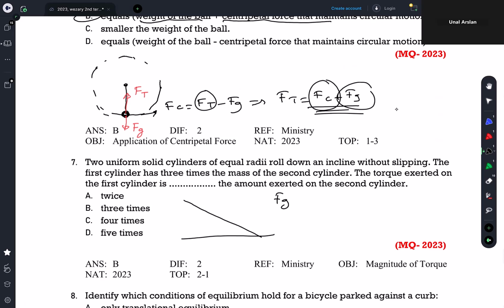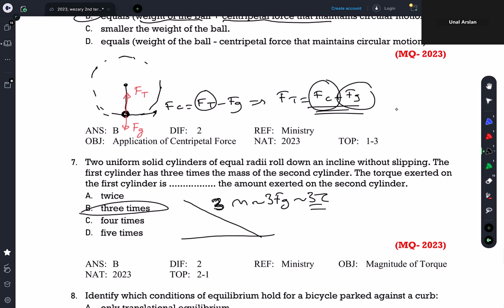Fg causes torque. Yeah, it's about the torque. So mass proportional, Fg proportional to torque. And if the first cylinder is 3 times the mass of the second one, gravitational force is 3 times, and the torque is going to be also 3 times.